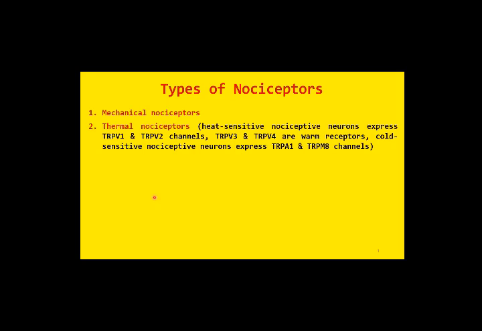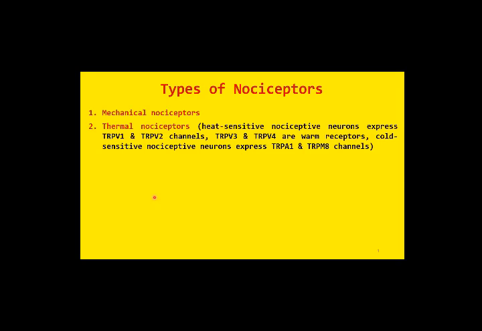When there are extremes of temperature, for example, extreme heat or extreme cold, the nociceptors are stimulated as well, and we classify such nociceptors as thermal nociceptors. These include both heat sensitive nociceptors as well as cold sensitive nociceptors, and they are classified as TRP channels, where TRP stands for transient receptor potential channels.